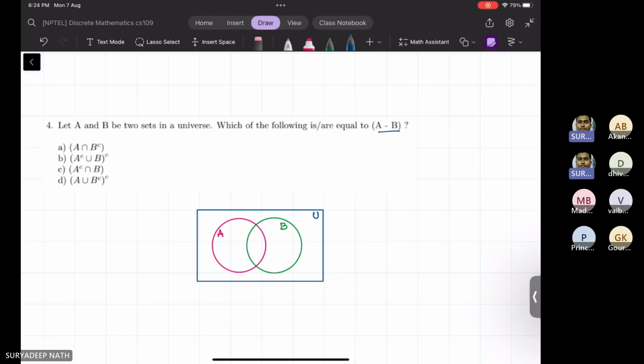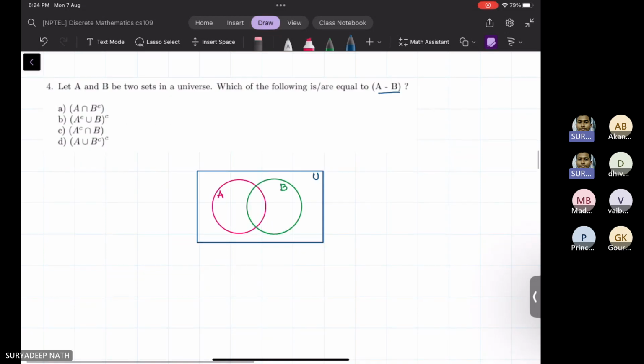So before solving it, let us denote each region. There are basically four regions in this diagram. So let us first identify the four regions. First is this dotted region, we call this region 1.